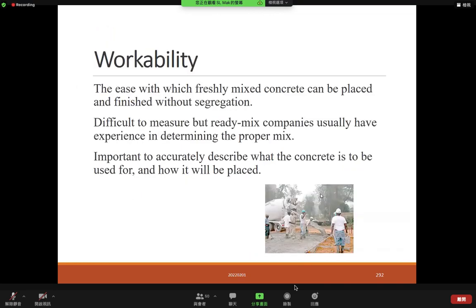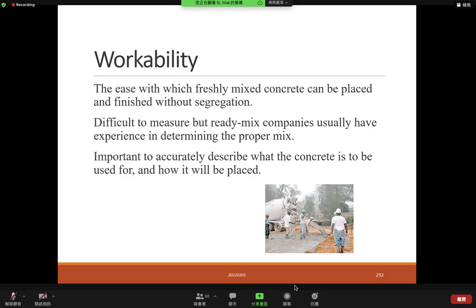But what is the workability? The ease with which freshly mixed concrete can be placed and finished without segregation. Difficult to measure, but ready mixed companies usually have experience in determining the proper mix. It is important to accurately describe what the concrete is to be used for and how it will be placed.